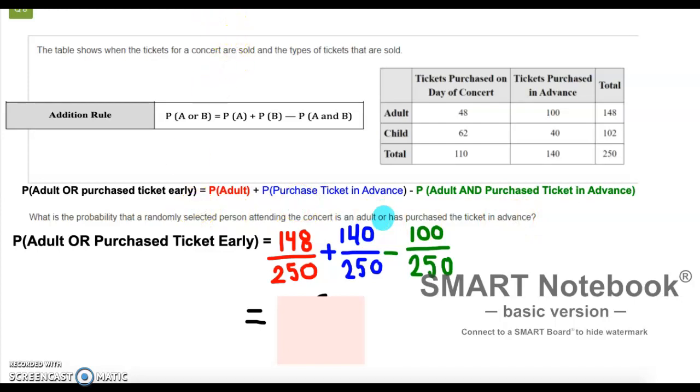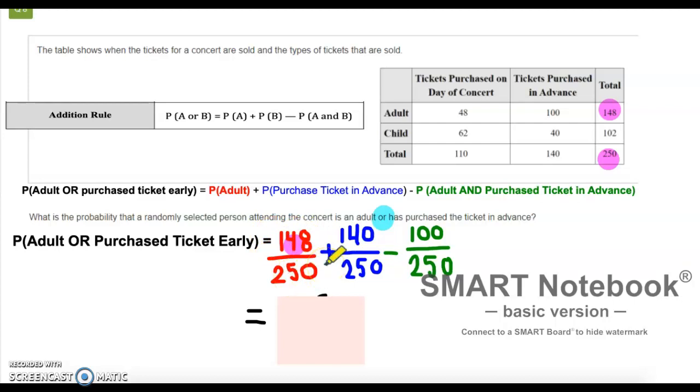So if we look at our table here, first we need to find the probability of being an adult. If we follow over the adult row, we can see that there are 148 total adults out of 250 people. So here, the probability of being an adult is 148 over 250.